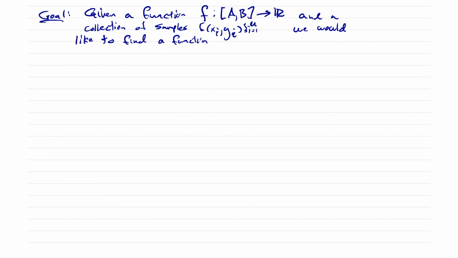So we would like to find a function s, let's call this sM, such that we can write this as a sum of i going from 1 up to M of Wi times k of x against xi.